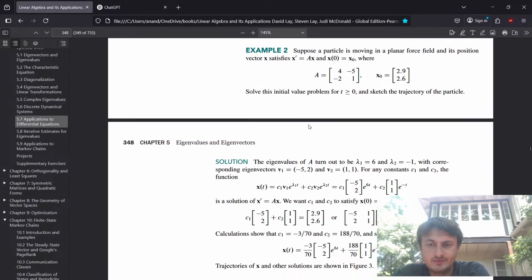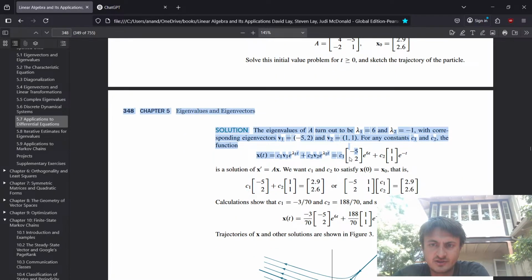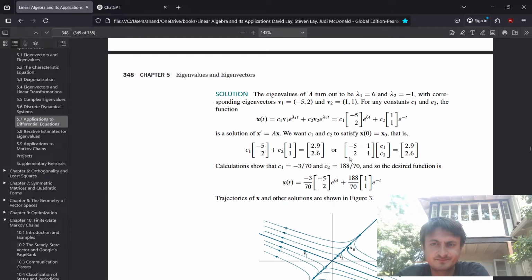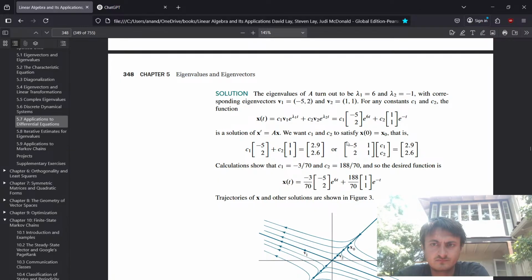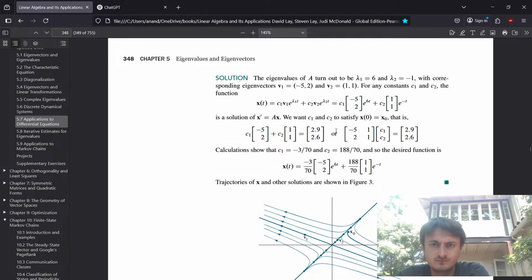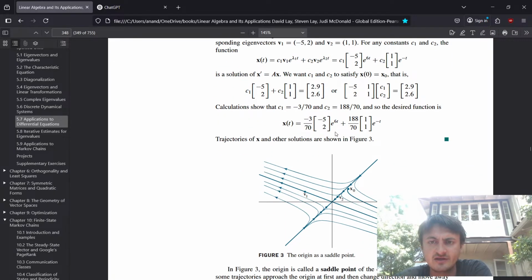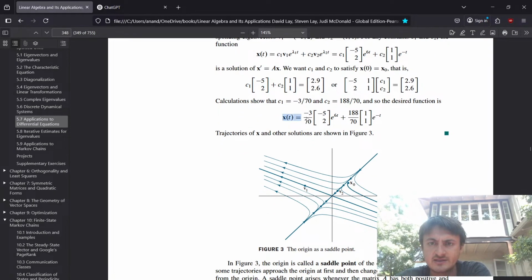Okay, they give us this, and then they create the general solution. Then they do a linear solve to find the constants that satisfy the IVP, and then they get the general solution.